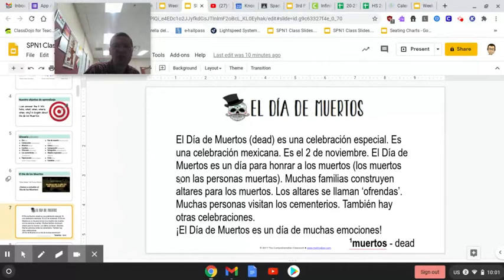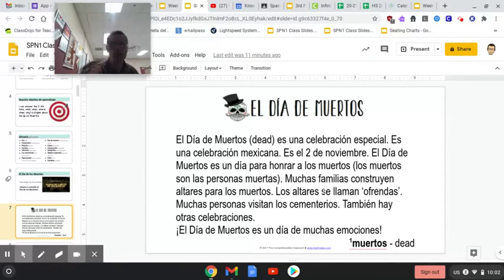Los muertos son las personas muertas. So here's muertos, muertas. It's the same word. Muchas familias construyen, so construyen, think of a guy with a hammer, altares. Altares, you cover up the E and the S, what does it look like? Para los muertos. Los altares se llaman ofrendas.